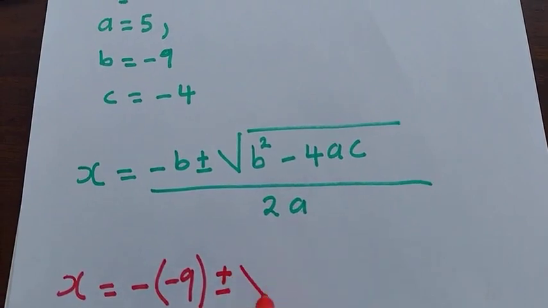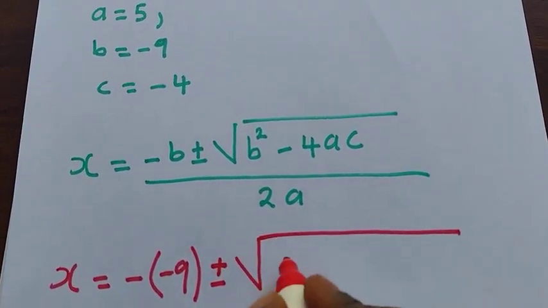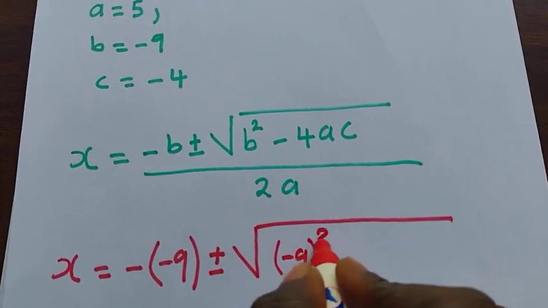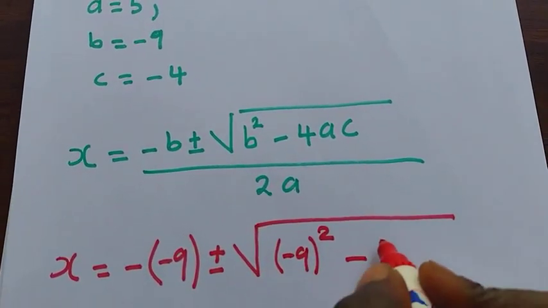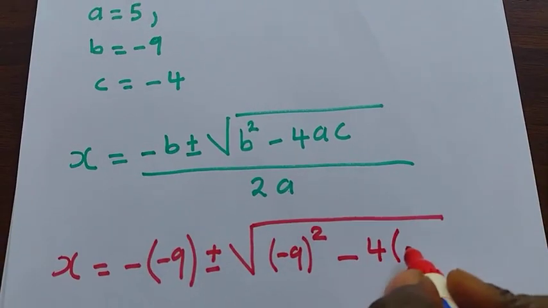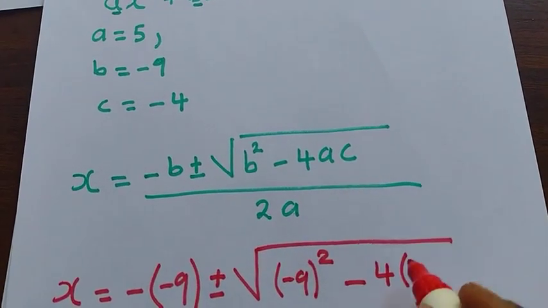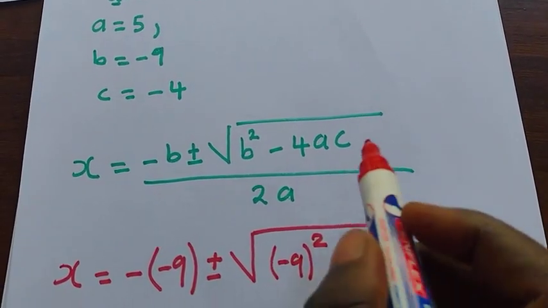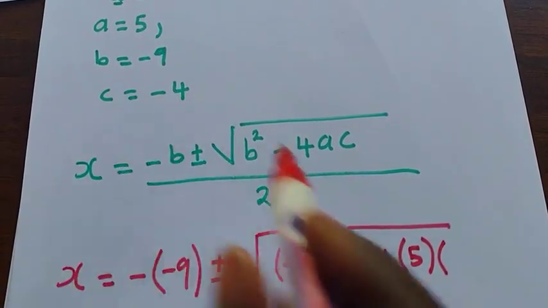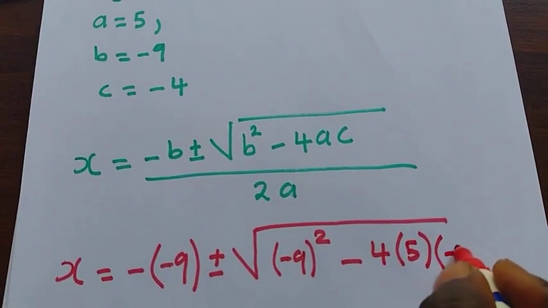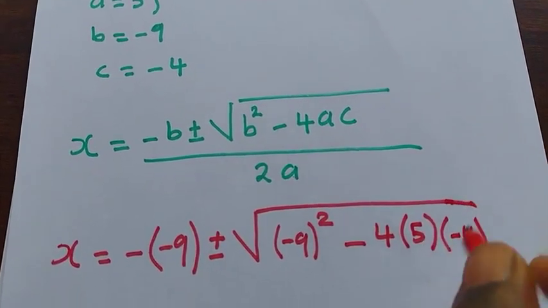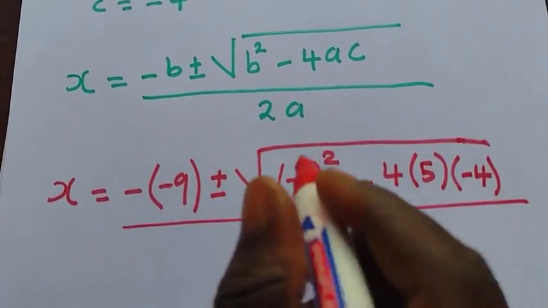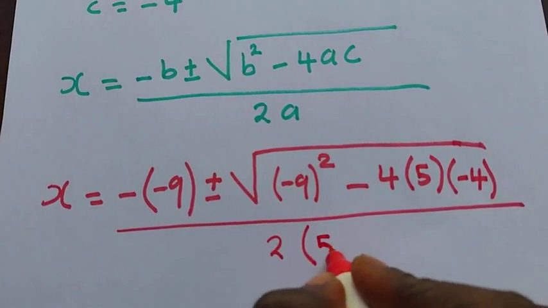Plus or minus the square root of, where there is B squared, I'll put it in brackets, negative 9 squared, minus 4, open bracket, where there is A, I'm going to put a 5, close bracket, again open bracket, where there is C, I'll put a negative 4, okay? A negative 4, then I cross like this, over 2, open bracket, where there is A, it's 5.